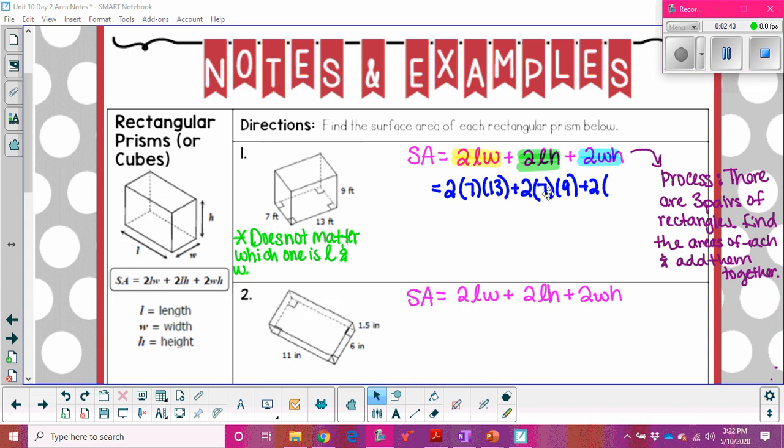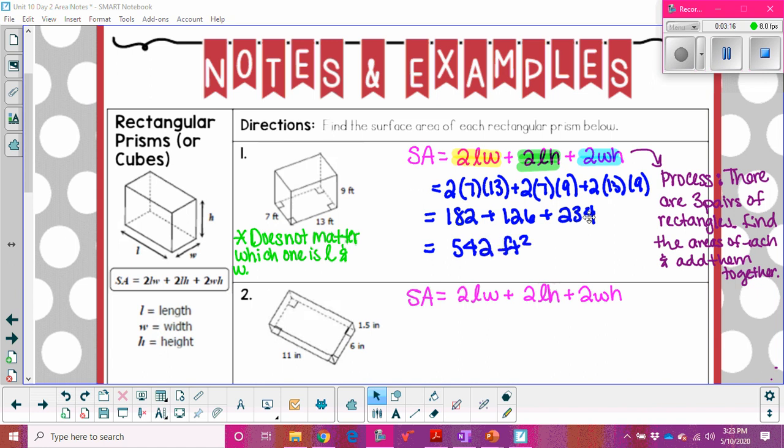I've already used 7 here, so for the width I'm going to use 13, and the height again is 9. So 2 times 13 times 9. When you get that, you should get that one pair of rectangles is 182, one is 126, and one is 234. Those are your 3 pairs of sides for this shape. Add all those together and you get 542 square feet.